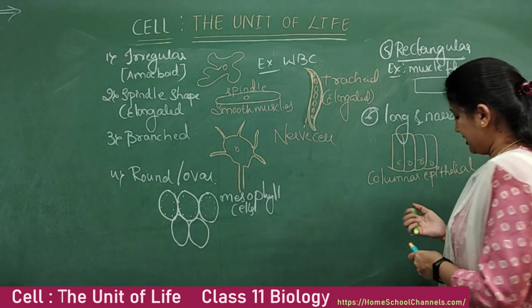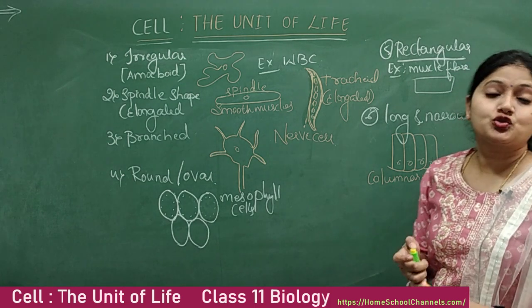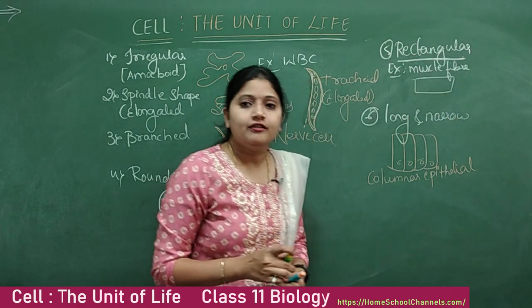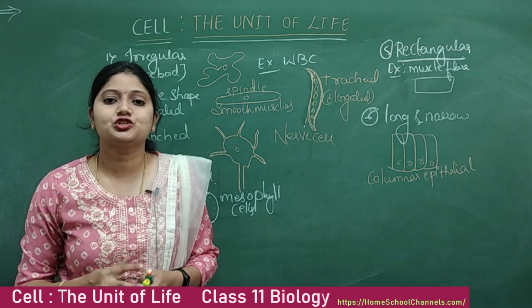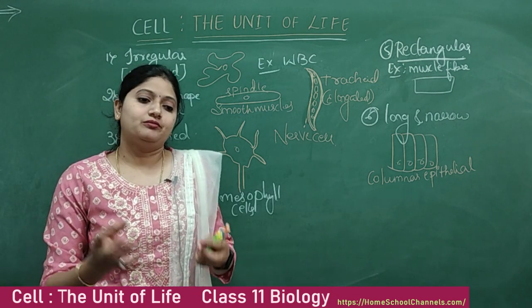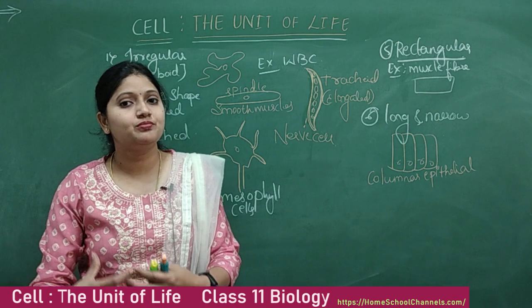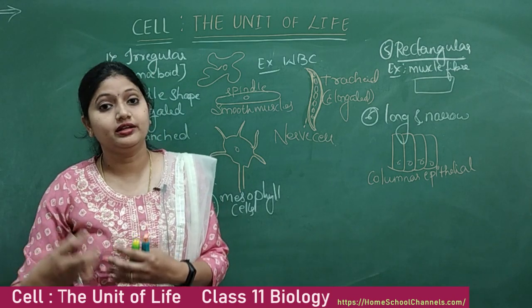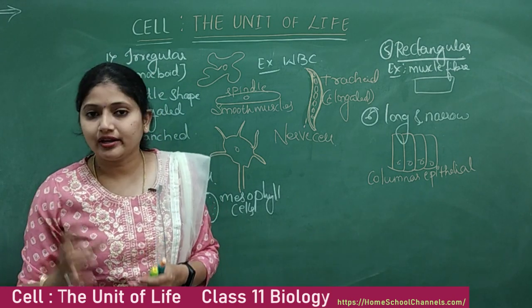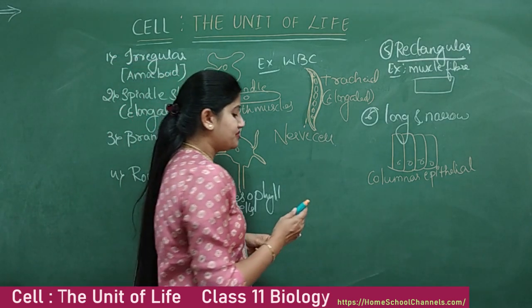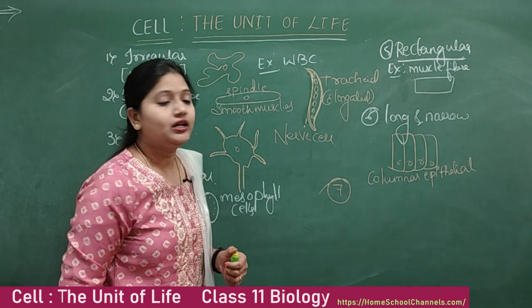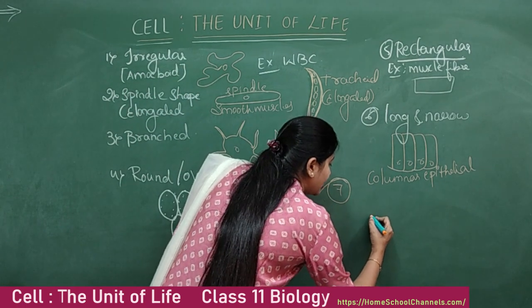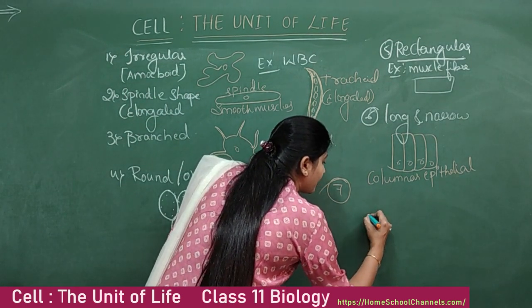Columnar epithelial cells. Next, one more cell which you cannot exactly take as a shape, but the shape itself is called as the name of the particular organism. That is, if you have seen the sponges, they are in a particular shape like this.